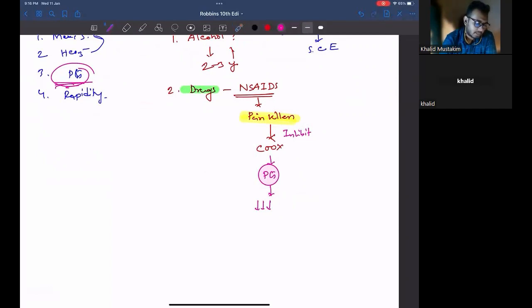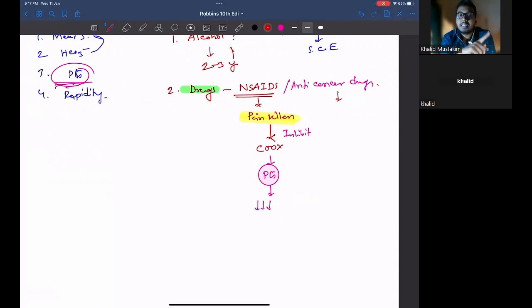Another thing is anti-cancer drugs. When a patient with cancer comes to us, we usually use anti-cancer drugs, but these anti-cancer drugs can also cause gastritis in those patients. But the question is how? Let me tell you what cancer actually is. Cancer is uncontrolled mitotic division.